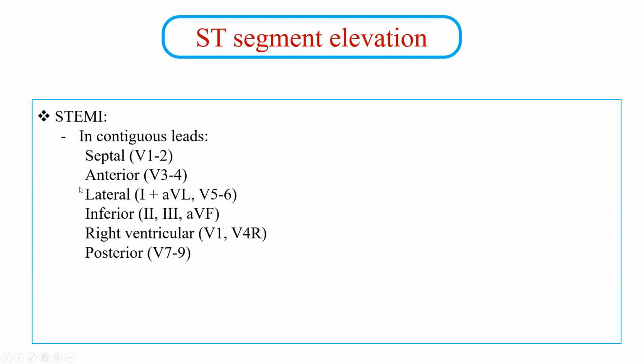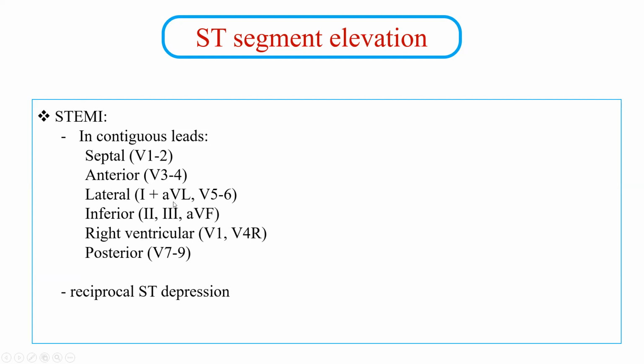There is another feature along with the ST segment elevation that signifies STEMI. As I told you, the contiguity of the leads signifies STEMI by itself. But the most important part is if you have a reciprocal ST depression. For example, if a patient has an inferior myocardial infarction with leads 2, 3, and AVF showing ST segment elevation, we suspect that the anterior leads, V3, V4, and even the lateral leads, will have ST segment depression, because they are in the opposite direction of the inferior wall.